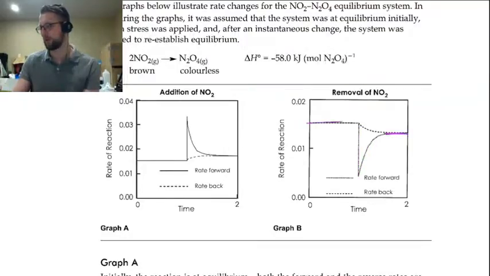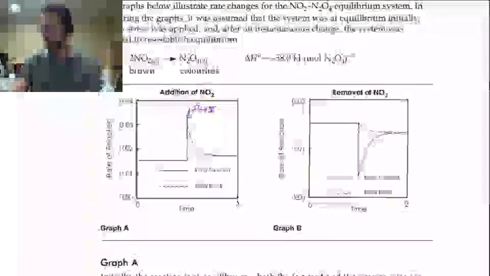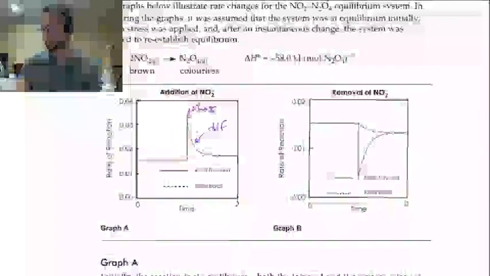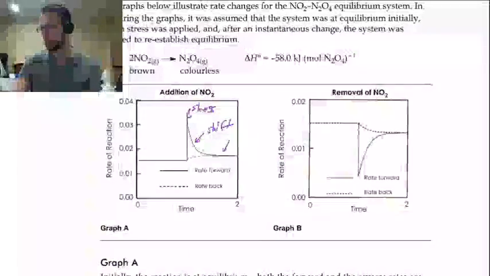So at the end of the day, there will be a decrease in rate over here because you have removed some chemicals, but that rate is only a small drop compared to the initial drop before equilibrium is re-established. So these little spikes, this is going to be your stress, right? And then this smooth line, this is the shifting, and then this is the new equilibrium.